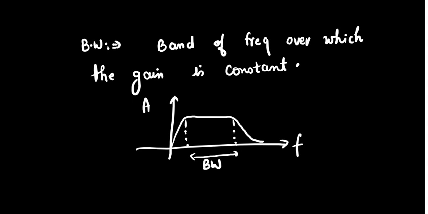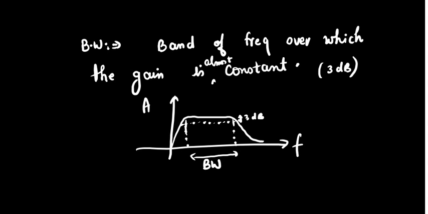Correct? You can also define a 3 dB bandwidth, right? So there are various ways you can define bandwidth. 3 dB bandwidth, almost constant, as I said. Write down almost constant. Then you can also define 3 dB bandwidth: 3 dB down from the maximum, and this will give you the bandwidth.